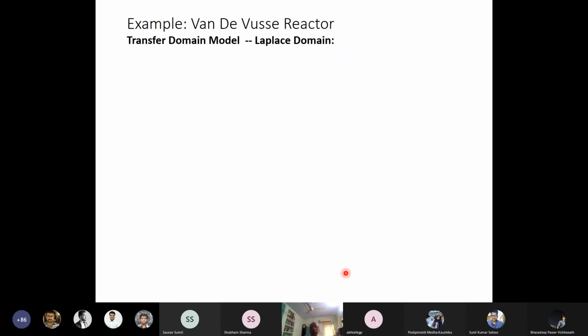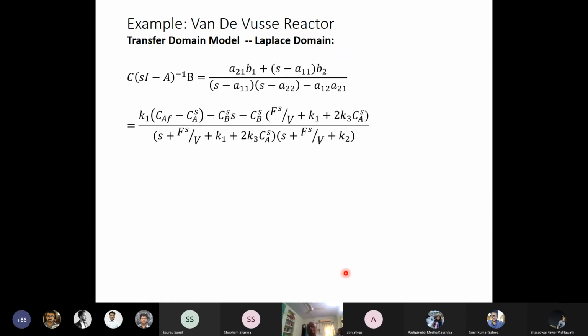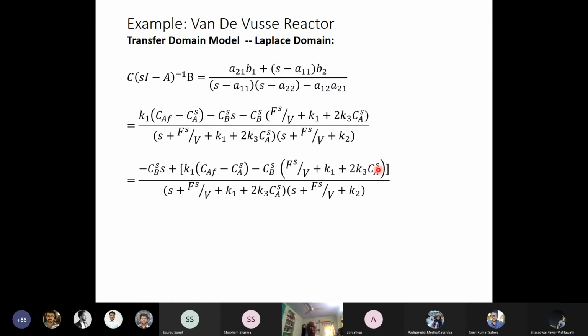So this is basically the transform domain form, and if I put the components of A11, A21, and so on, finally I will have the transform domain model for the Van de Vusse reactor in this form.